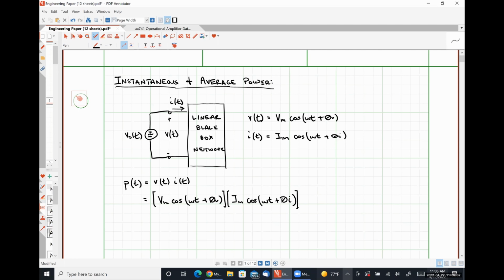In order to make the math a little easier, I am going to introduce a trig identity that will allow us to do this.